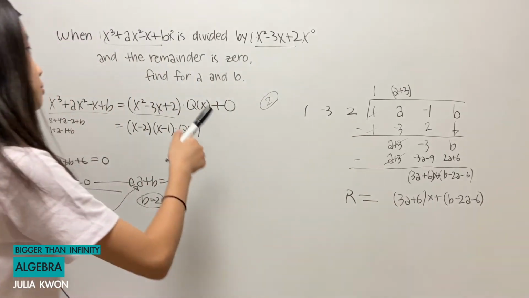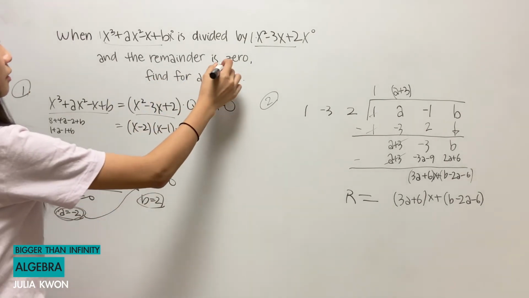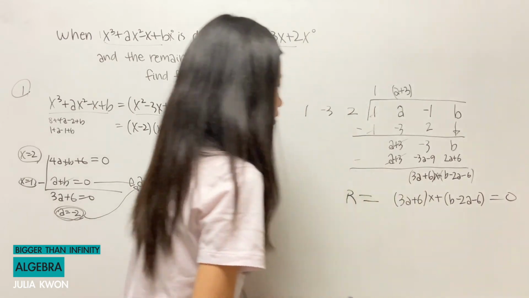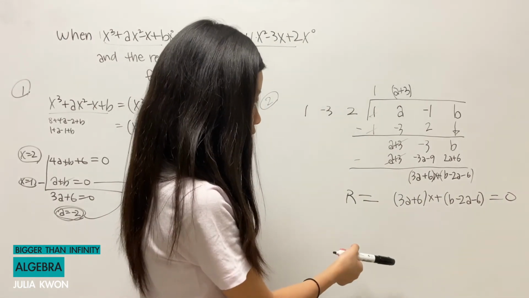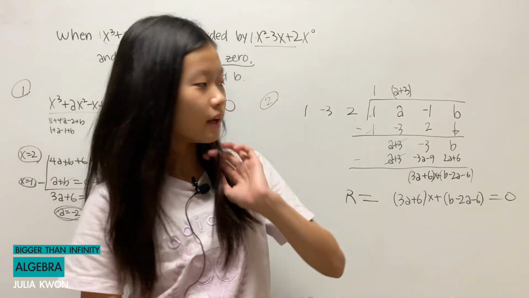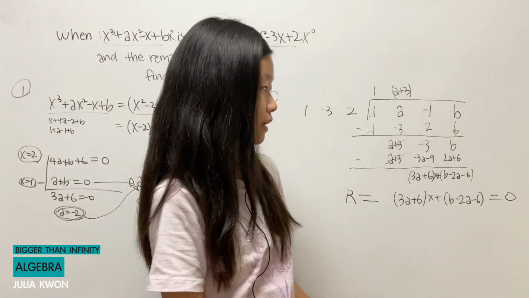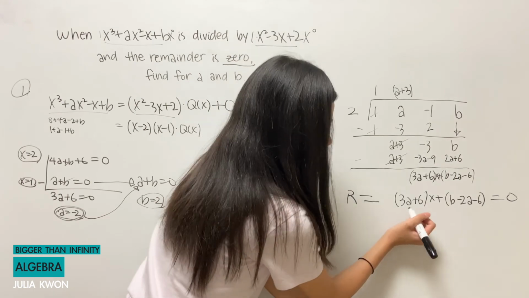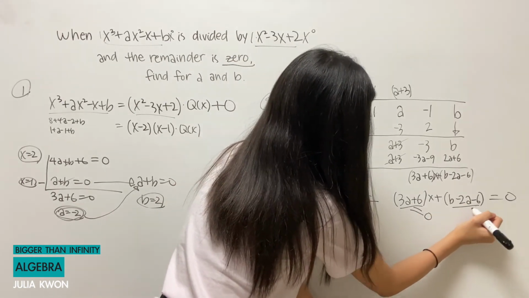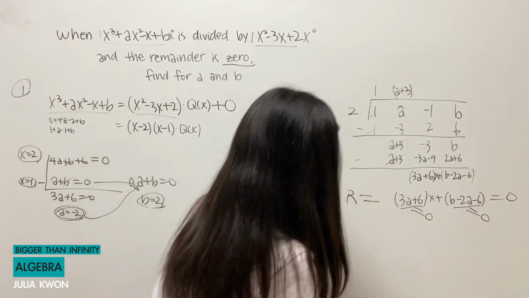And since we know that the remainder is 0, we're going to set this equal to 0. For this to be equal to 0 for all values of x, 3a plus 6 will have to be equal to 0, and this will also have to be equal to 0.